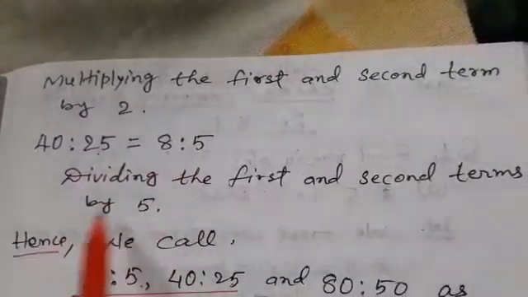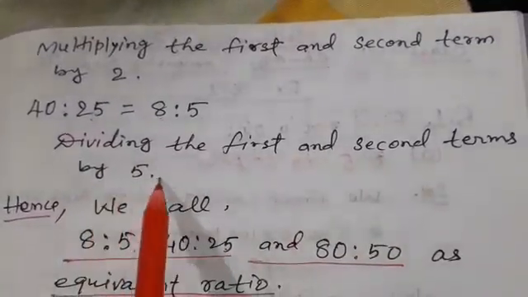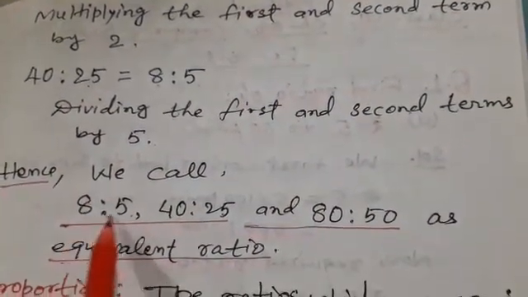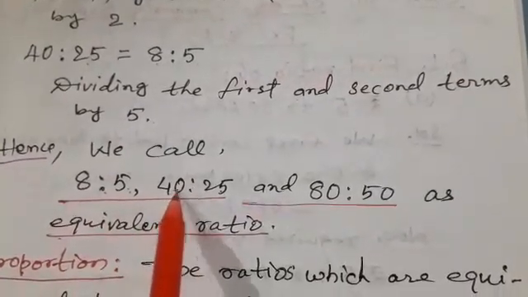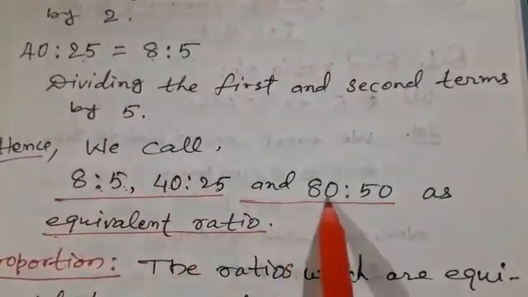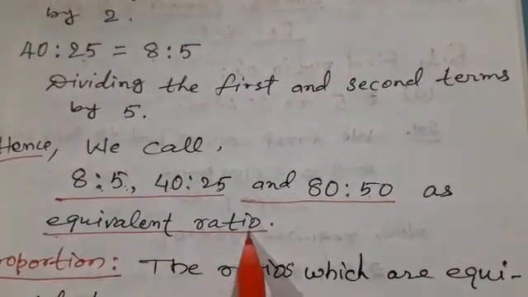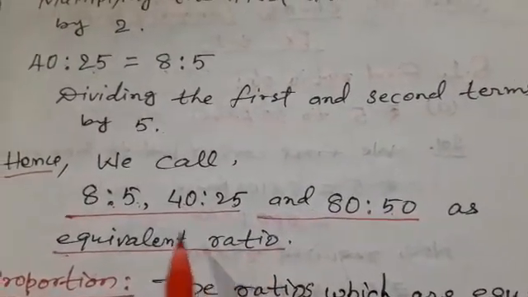We write here, dividing the first and second terms by 5. Hence we call 8 is to 5, 40 is to 25 and 80 is to 50 equivalent ratios. I hope that you all know about it.